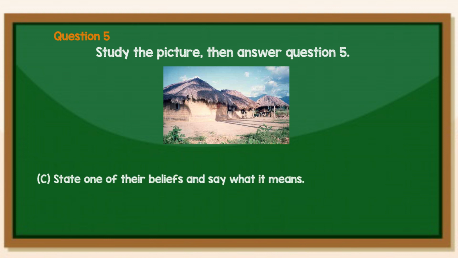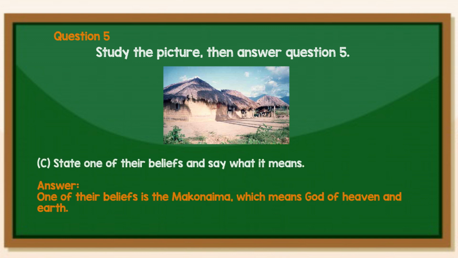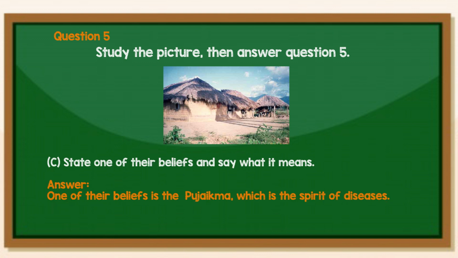List one of their beliefs and say what it means. The Amerindians, boys and girls, have beliefs, and so one of them is Makanaima. That simply means that they believe in a supreme God of heaven and earth. Pujaikma is another belief. It means spirit of diseases.